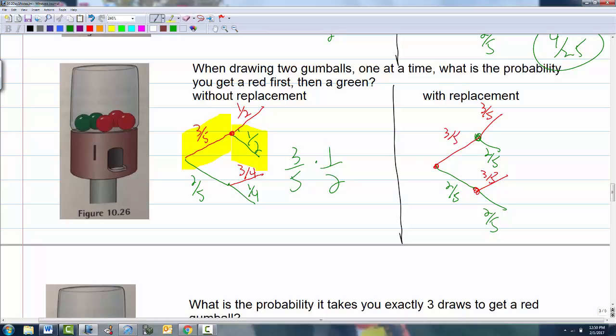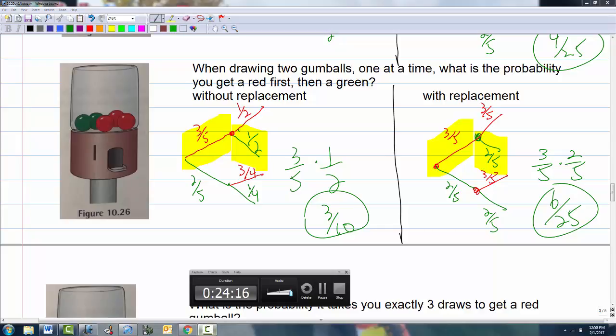And then red first, green second, with replacement. 3/10. Nothing cancels, 6/25, and you can turn it into a decimal or a fraction.